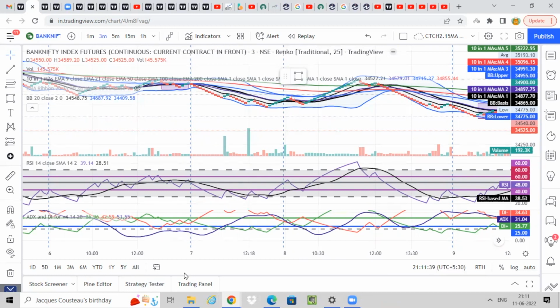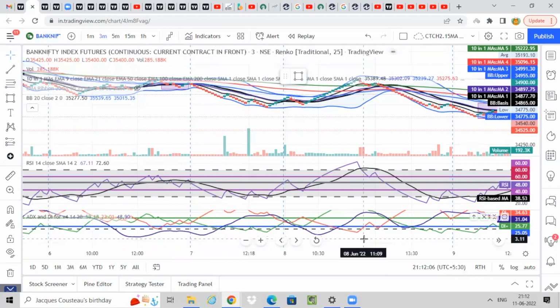I marked the 25 line, the blue line, and the 40 line, the green line. If it is above 40, it means strong momentum and trend. If it is between 10 and 25, there is no trend. You can see the red and the other DI lines, both positive and negative, are mingled together.